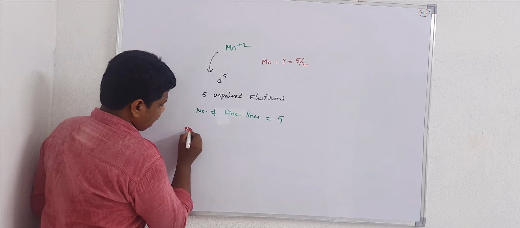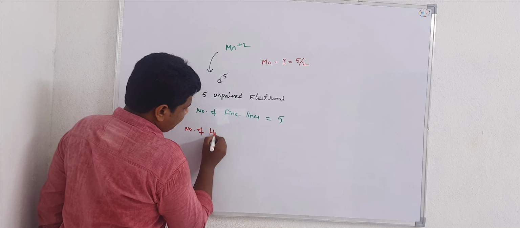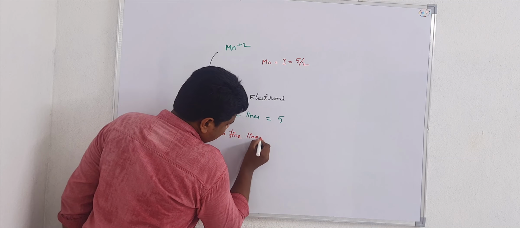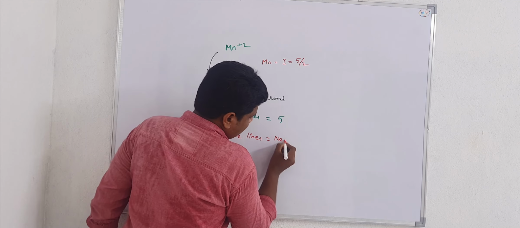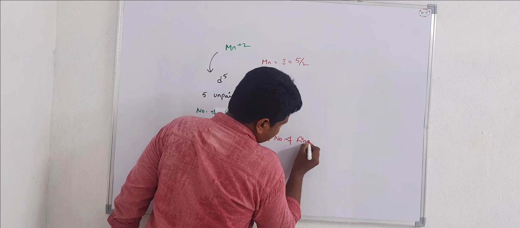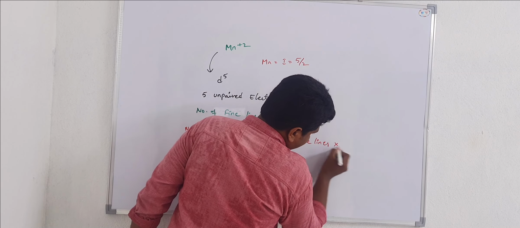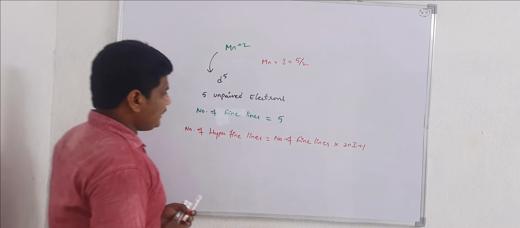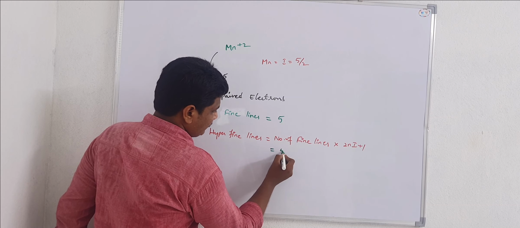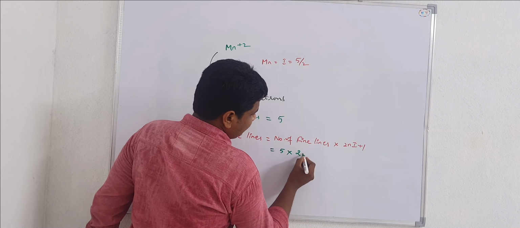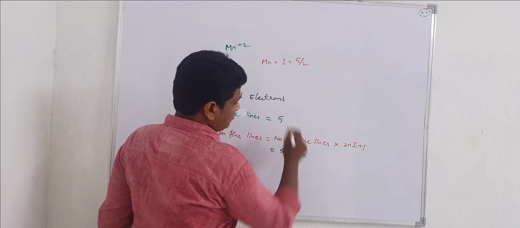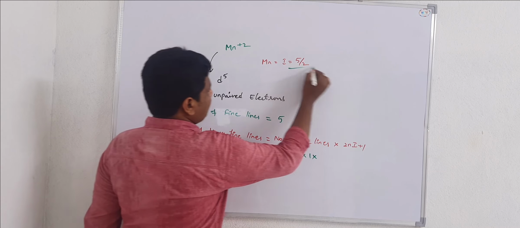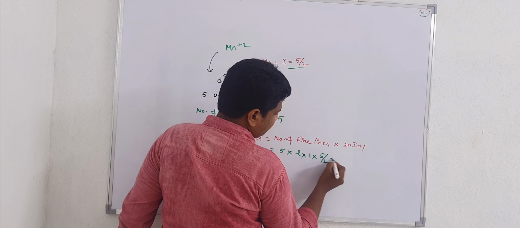So the number of fine lines is 5, into 2 into n, where n is equal to 1 because there is only one manganese, into I, and the I value is 5/2, plus 1.